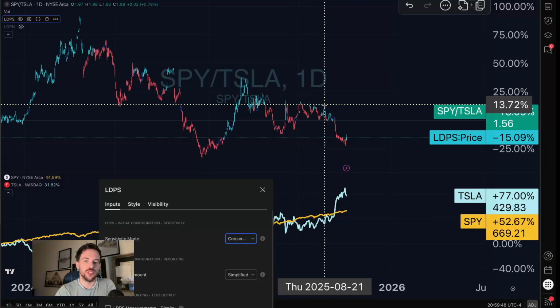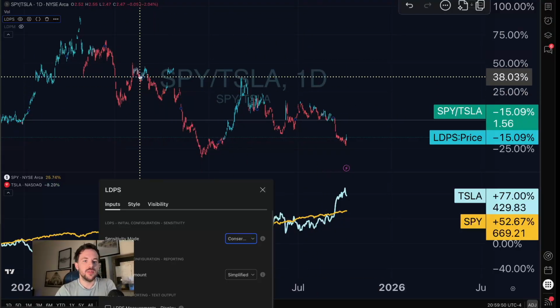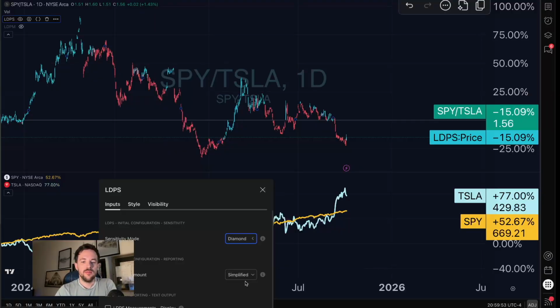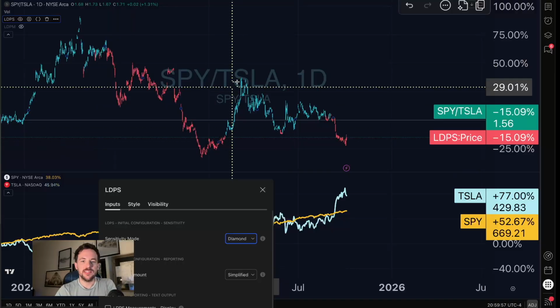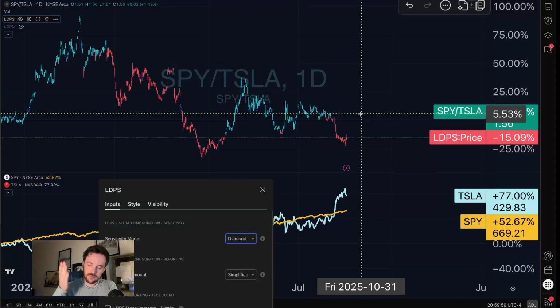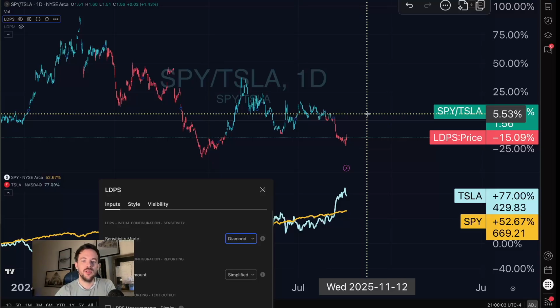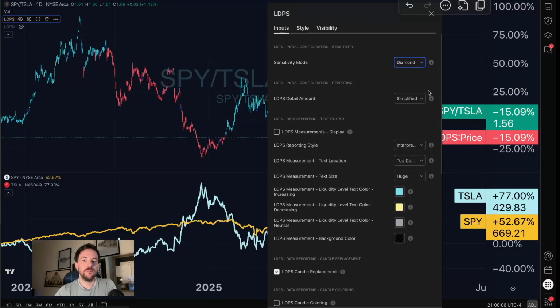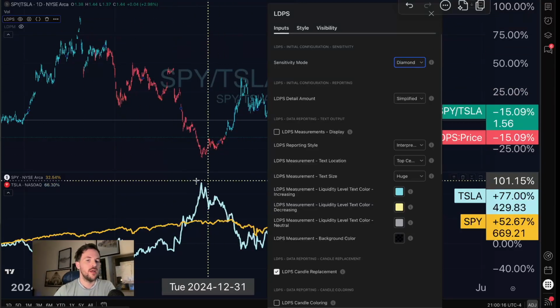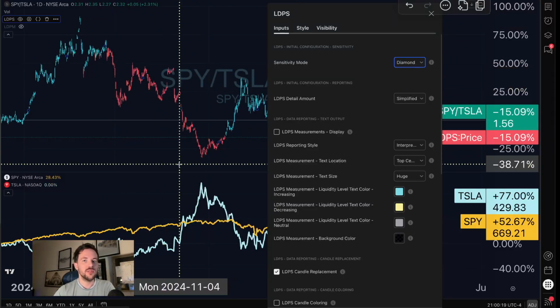So we see a little bit of bullish liquidity here, a little bit here. But when we switch to diamond, we see that we have some pretty nice consistency. I want that when things change, it's going to be a full trend change. And so that's the one thing: I move up the conservative ladder with the sensitivity mode to look for where I get these nice chunks of change.